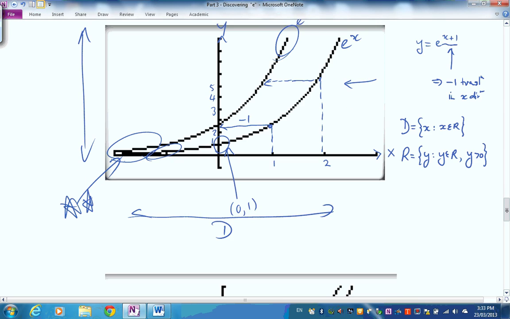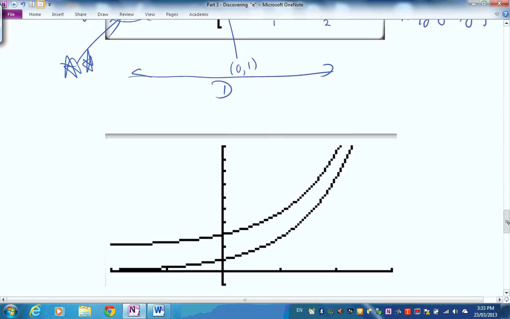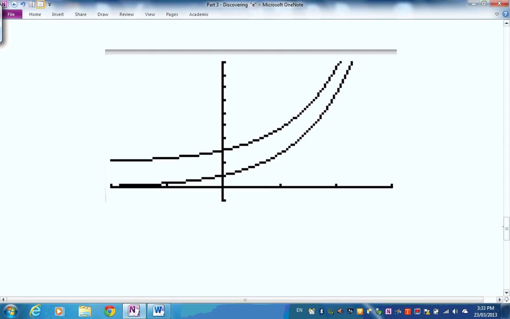Coming on down, let's have a look at the next function, and the next function was e to the x plus 2. The plus 2 was down there. So I've drawn e to the x here again.